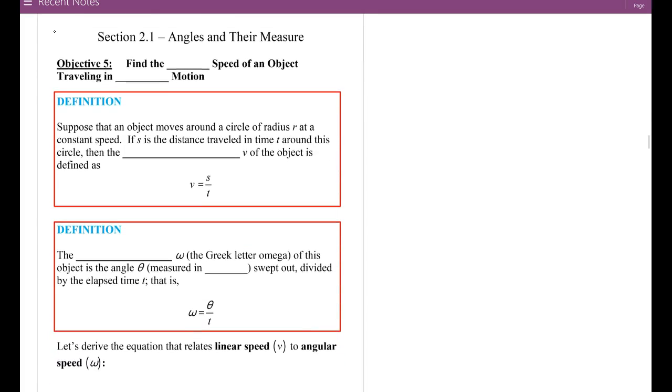And let's go on to objective 5, which is find the linear speed of an object traveling in circular motion.